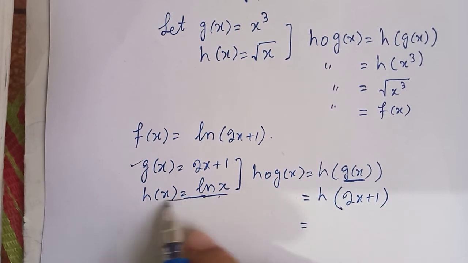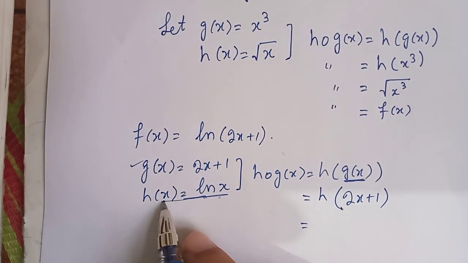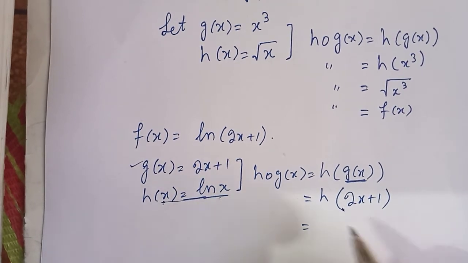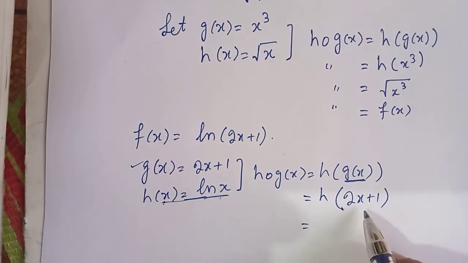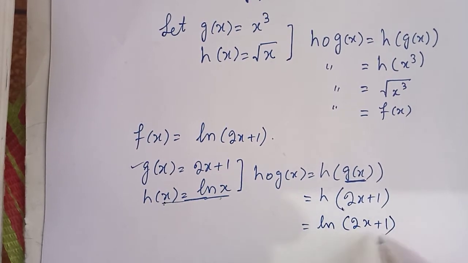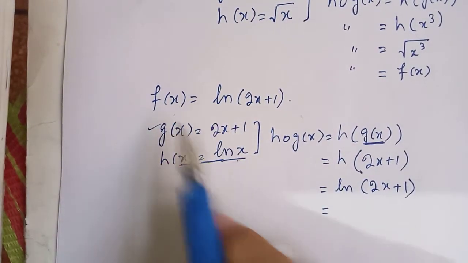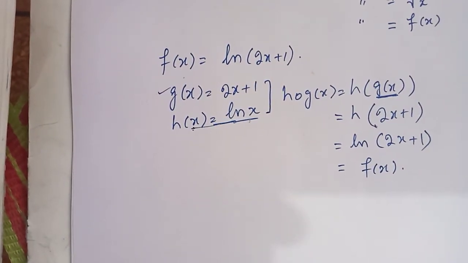According to this definition, when you give a value in the domain to h, you take the natural log of that value to get the range value. So if the domain value is 2x plus 1 and we operate h on this value, the range value will be calculated from ln of 2x plus 1. You clearly see that this is in fact f of x. So a single function can be converted into the composition of two functions.